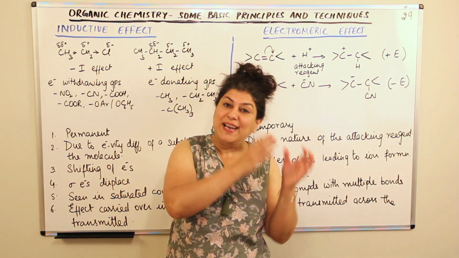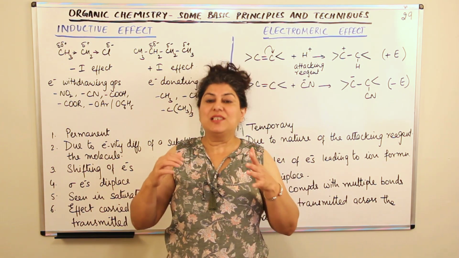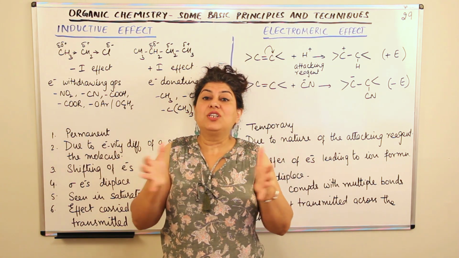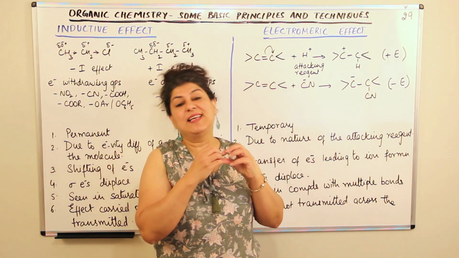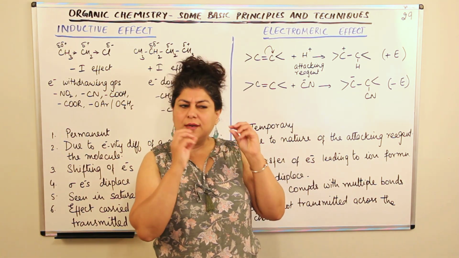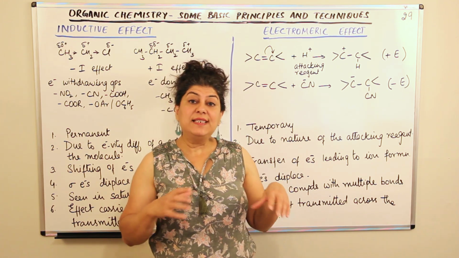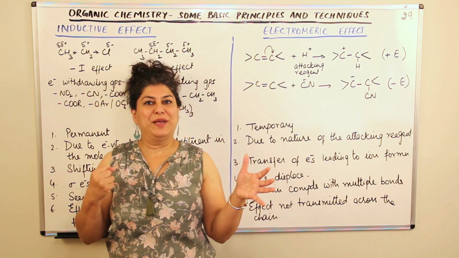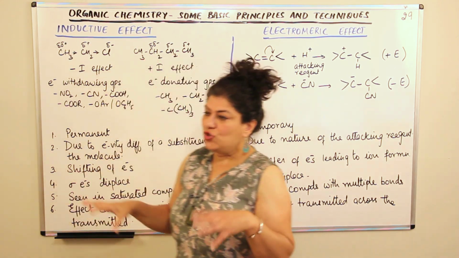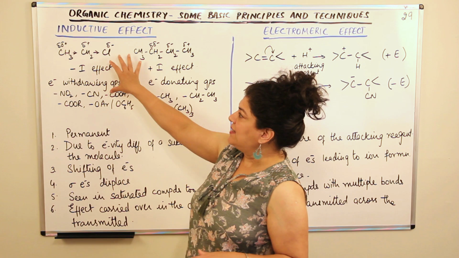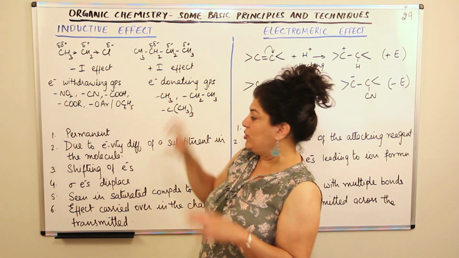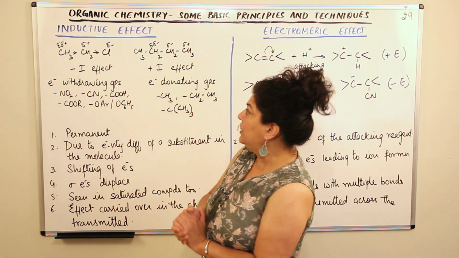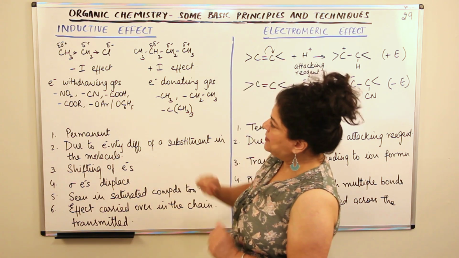Since we are talking of electron displacement, plus means where the concentration of electrons increases in the carbon chain or the carbon of focus. And minus would mean movement of electrons away from it, right? So based on that, let us understand inductive effect first, and then we'll go to electromeric effect, and then I'll take the rest of the differences.